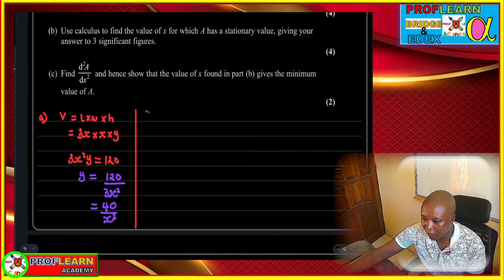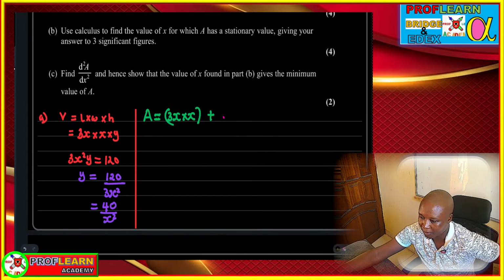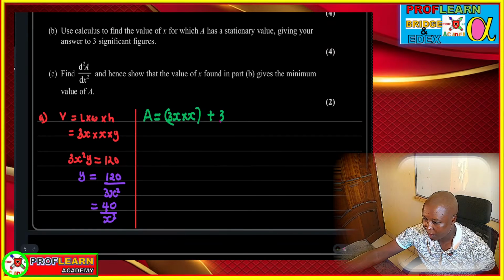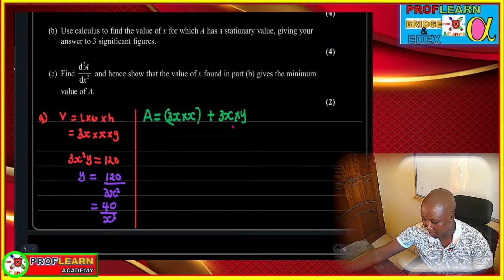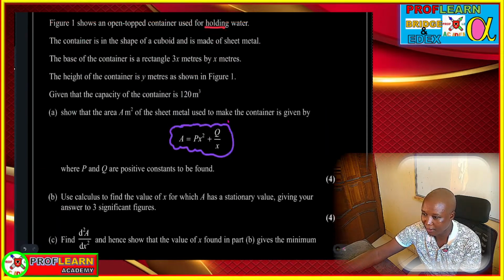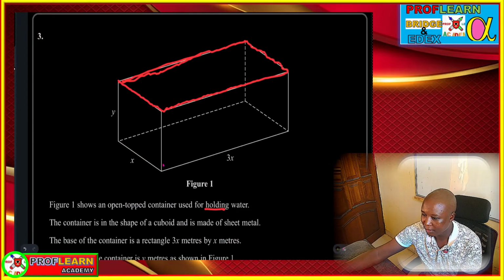Next, for us to find the surface area, the surface area is going to be 3x times x, that is the area of the base, plus 3x times y. Basically that is the area of this side times y, because this is y.